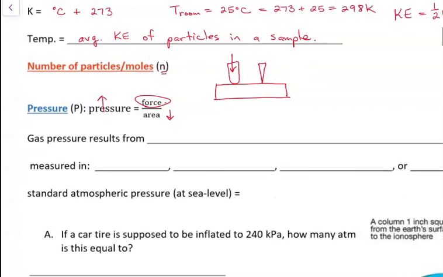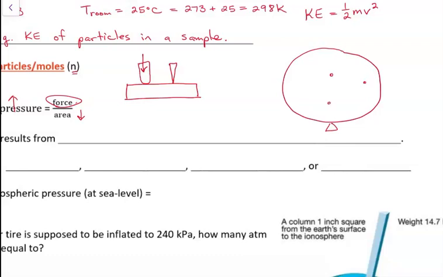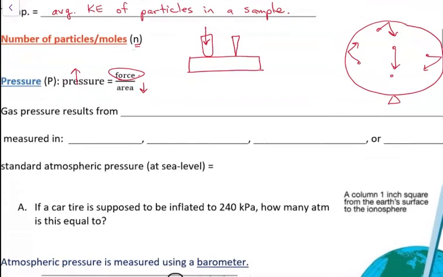In a gas sample, it's going to look a little different. Let's say you have a balloon here and a bunch of gas particles inside of that balloon. You're going to have trillions and trillions of interactions of these gas particles with each other, but also with the walls of their container. And that's what creates gas pressure.